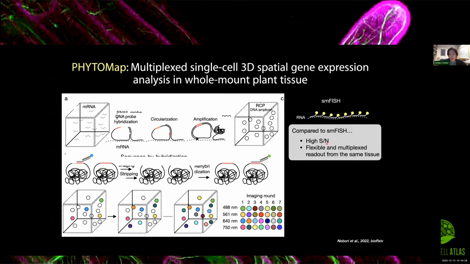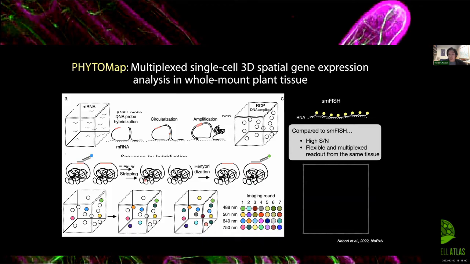So PHYTOMap will give you a much higher signal-to-noise ratio, which is crucial for deep tissue imaging in such a highly autofluorescent tissue. And a bonus is that now all the information is encoded in DNA space, not the RNA space like smFISH. So it's much more stable, allowing multiple rounds of imaging that I'm going to tell you about in a second. And also, this will give you peace of mind, so you don't have to worry too much about RNases and the degradation of your target RNA at this point.